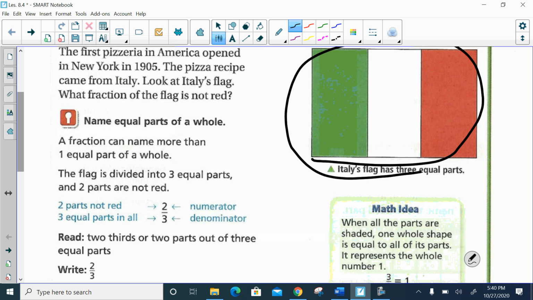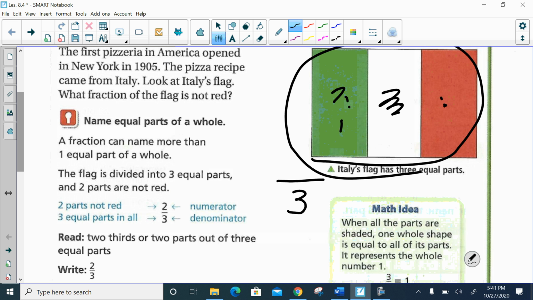How many equal parts are there? Well, there's 1, 2, 3. It's divided into 3 equal parts. Well, what part is not red? This part is red, so 1 out of the 3 is red. How many are not red? So this one is not red, and this one is not red.